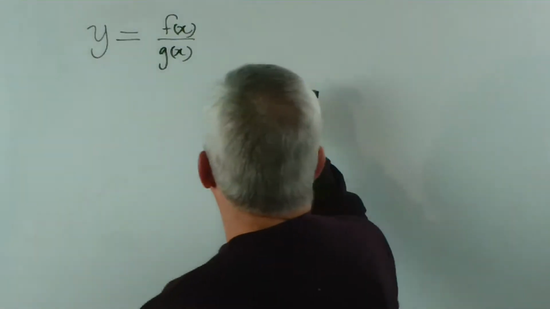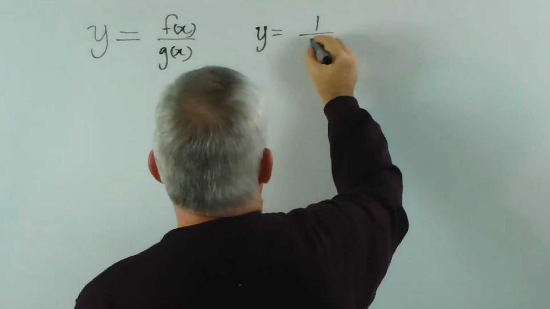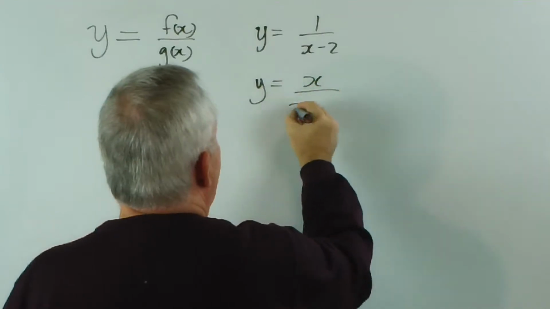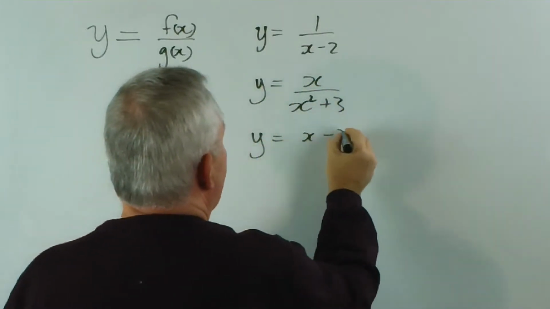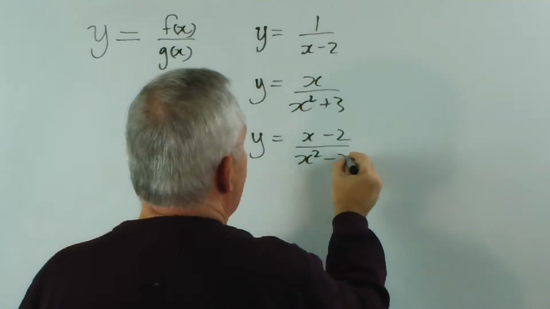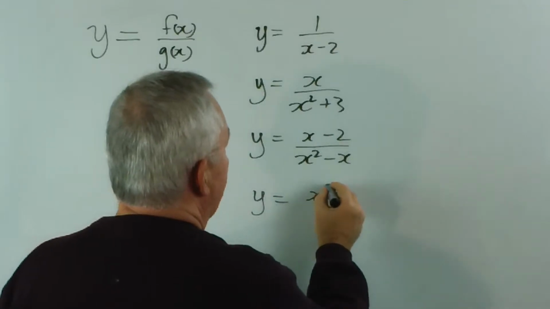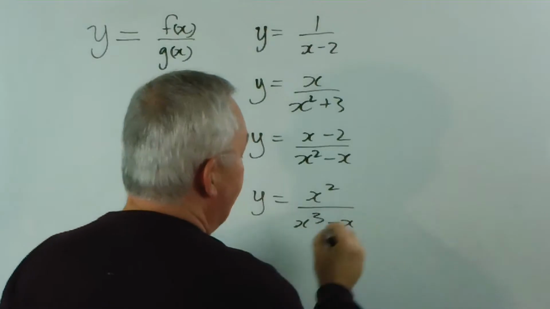So the first kind, for example, would include functions like this. 1 over x minus 2. X over x squared plus 3. Or x minus 2 over x squared minus x. Or x squared over x cubed minus x, for example.